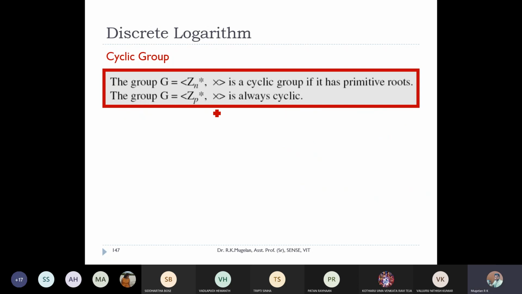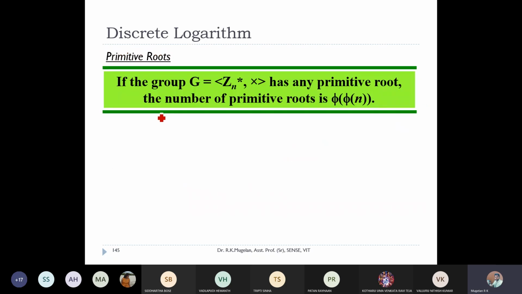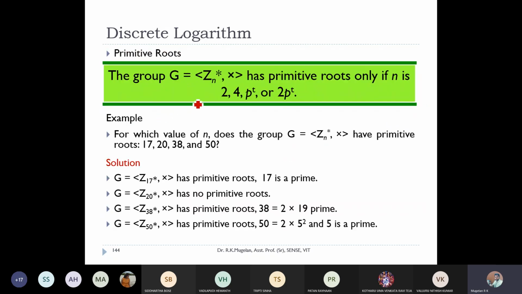Right. So when can you call a group a cyclic group? If it has a primitive root, that is the first condition. If it has a primitive root, I can call it a cyclic group. If a group is made up of elements of Zp star, that is Z with respect to a prime number, it will always be cyclic, because we already saw the condition for being a primitive root.